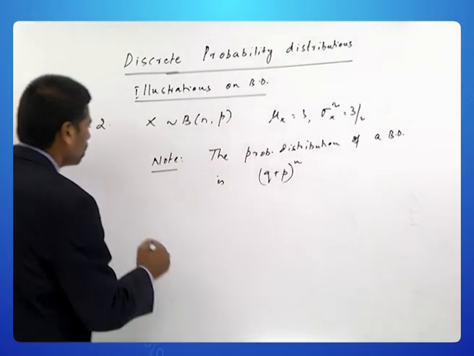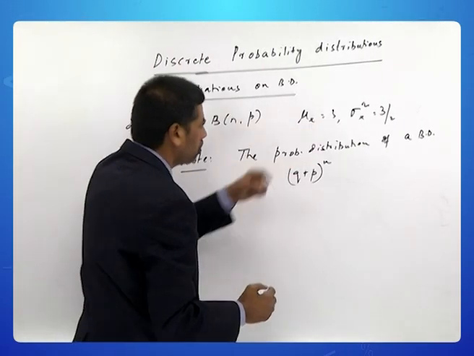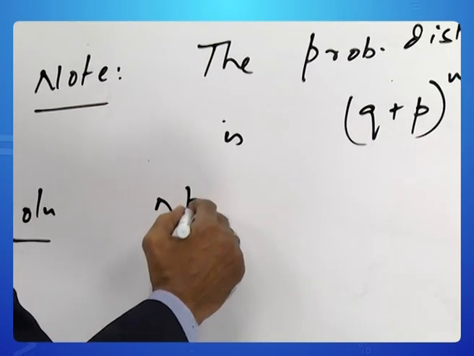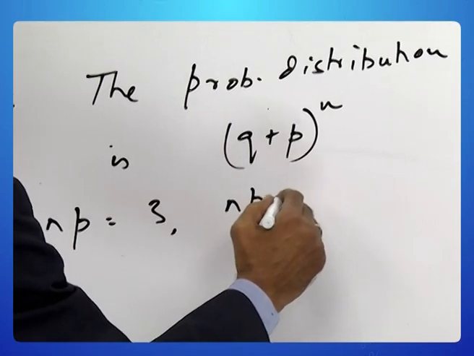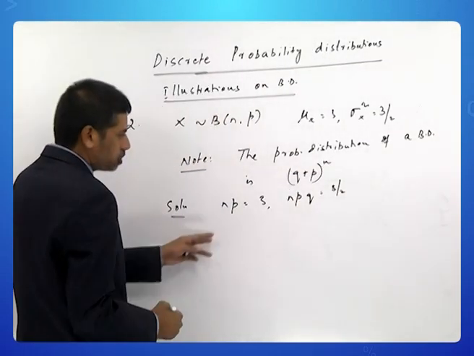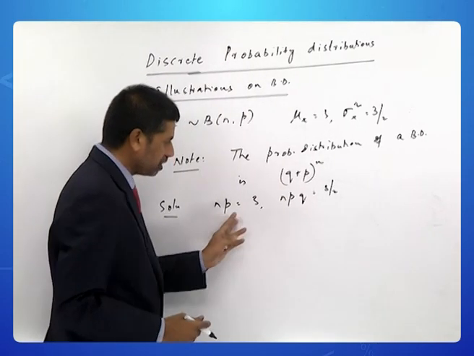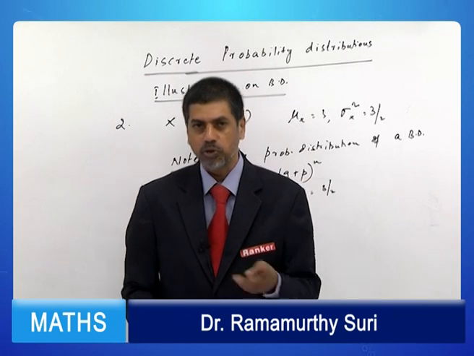You all know mean is np. So, np is equal to 3. Variance is npq. From these two equations, even though we may feel there are 3 variables and only 2 equations, let us not forget that q is 1 minus p.